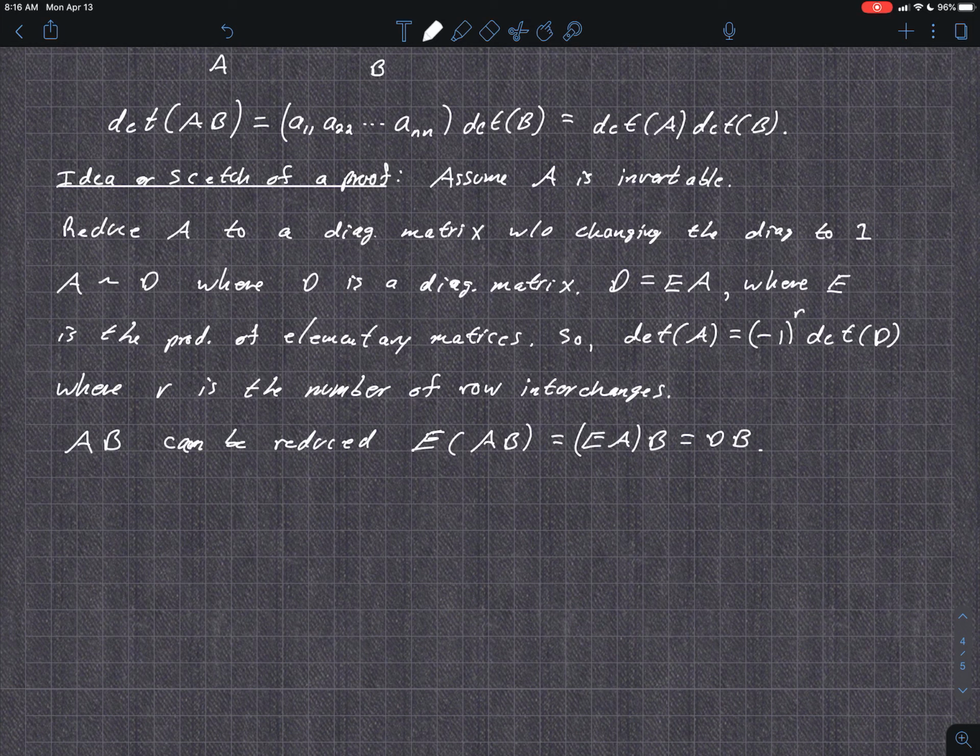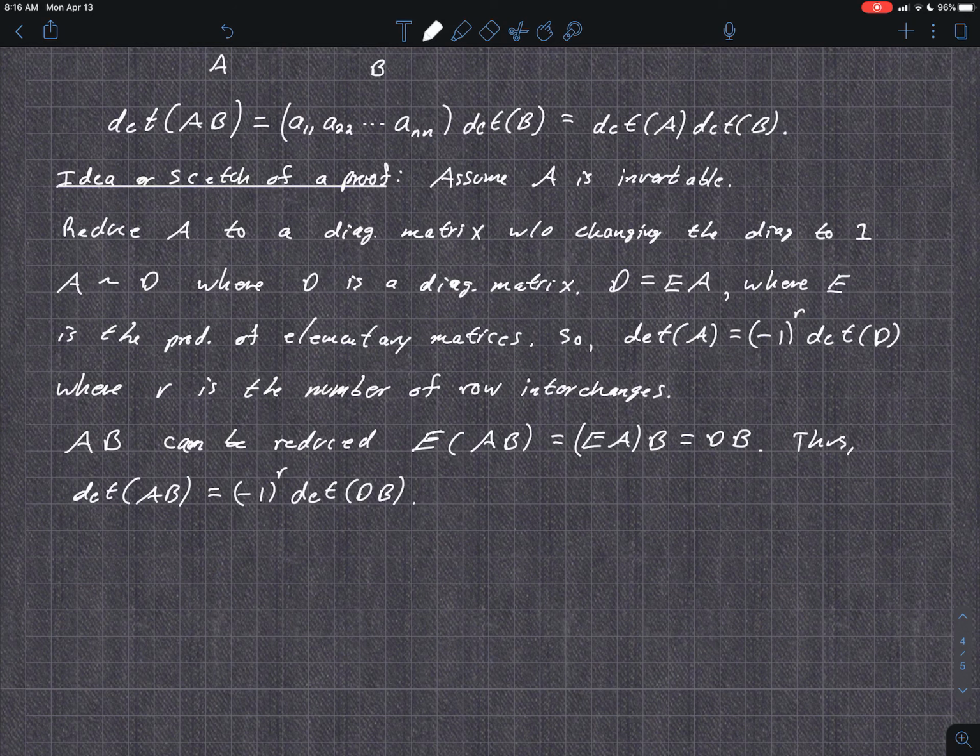So now we're going to put in the determinant of that. Thus, the determinant of AB is equal to negative 1 to the R times the determinant of D times B.